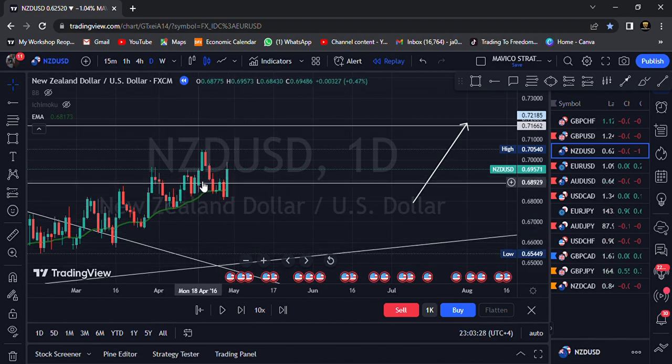It broke here already, but usually when it breaks, it has to retest before going up. So it retested. It hasn't given us a confirmation to enter here, but this is kind of a confirmation because it's a kind of double bottom here. So let's check it out.